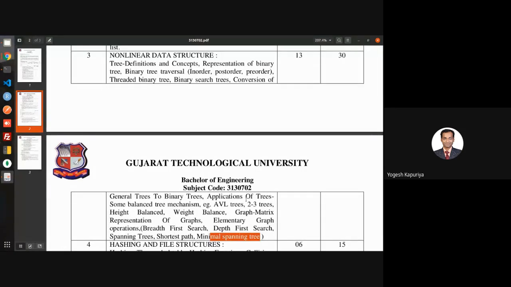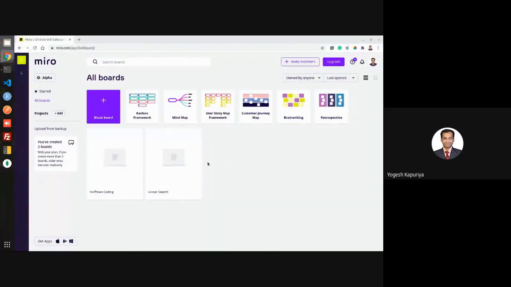If you try to put that into the ER diagram, you will not find a very efficient way of doing it, because that requires an entirely new concept of representing the data, and that can be done using these non-linear data structures, like graph. So this was just a very brief look at the content. Now we will look into each and every topic one by one.